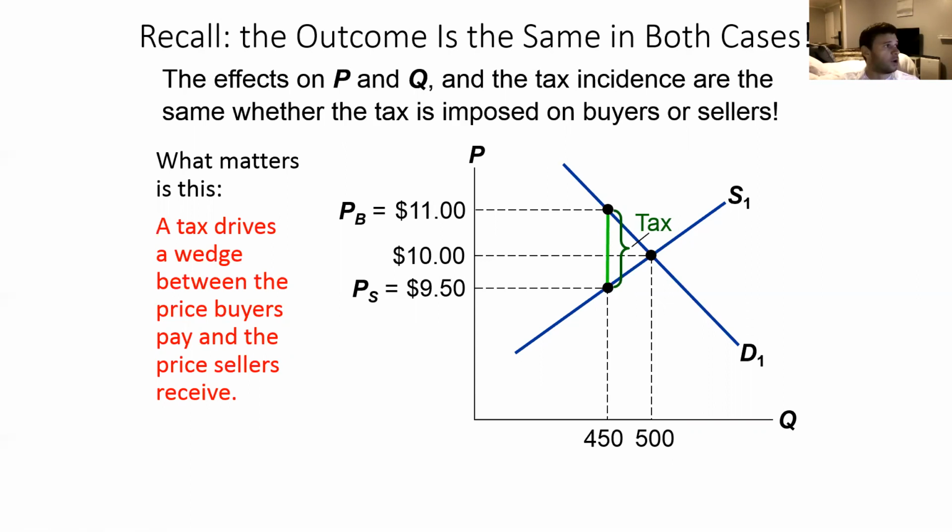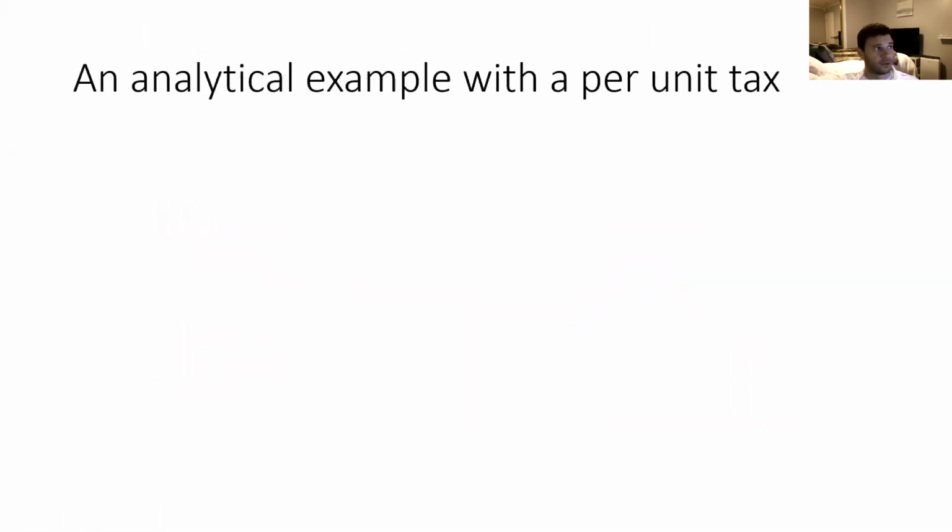All right, so we're going to look at a different numerical example. This numerical example was drawn from the last video, and we're going to use a specific example with demand curve functions and supply curve functions. So we're going to consider an analytical example with a per unit tax. The first piece of information we need is the demand curve.